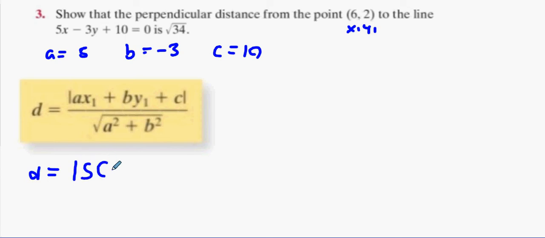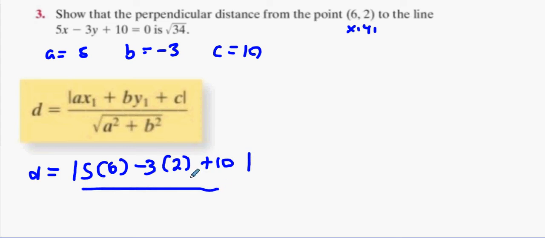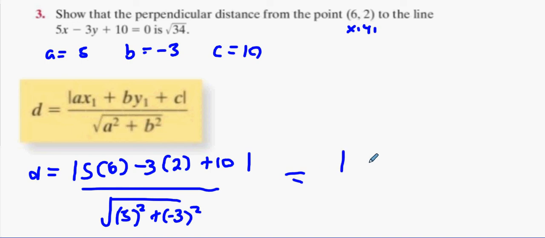5 times 6 plus, minus 3 because it's b, so minus 3 times 2, plus c, plus 10, all divided by the square root of a squared plus b squared, which is 5 squared plus minus 3 squared. 30 minus 6 plus 10 is the modulus of 34.